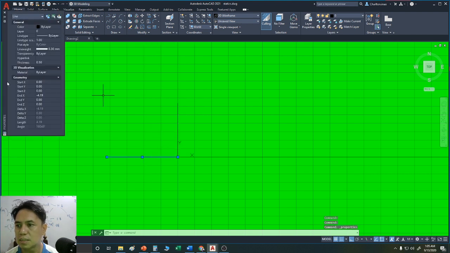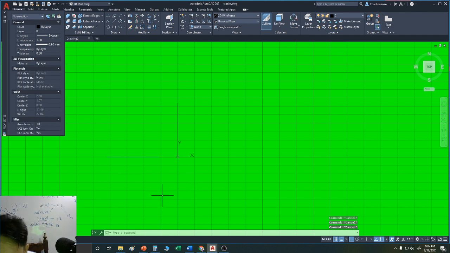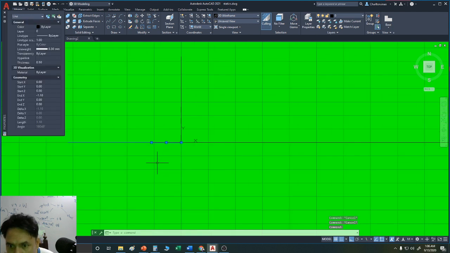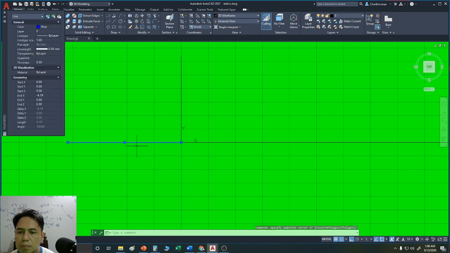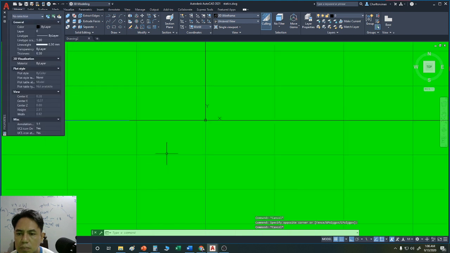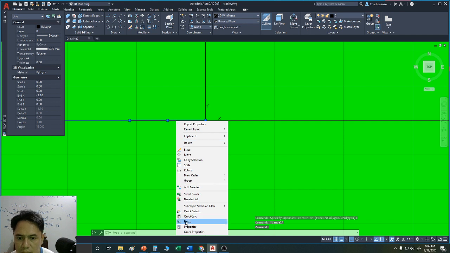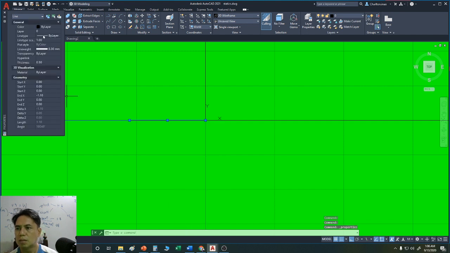Properties, let us have a blue color. So 1.1. Let us use the cyan.